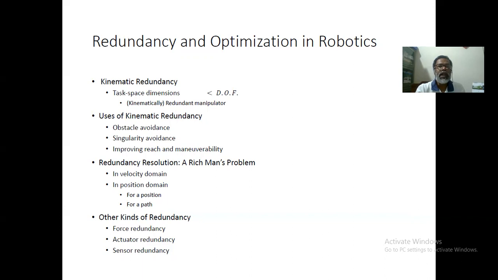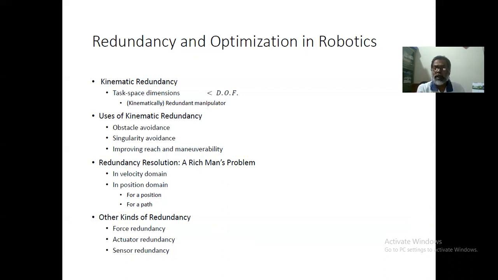Typically you would say that in general, to manipulate an object in 3D space, you need 6 degrees of freedom in the manipulator. The way you get the Puma robot or Stanford manipulator, or Cincinnati Miracron, or KUKA for that matter, these are typically 6 degrees of freedom manipulators.